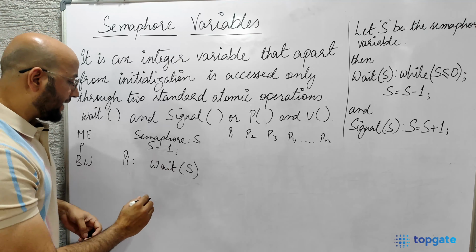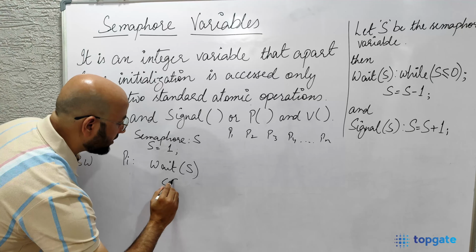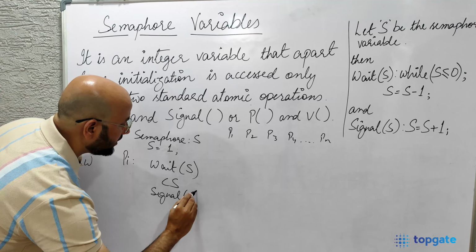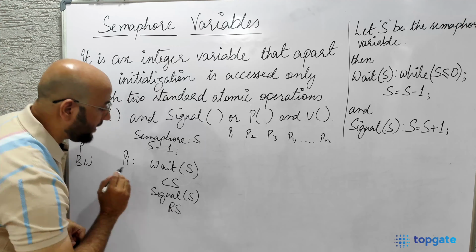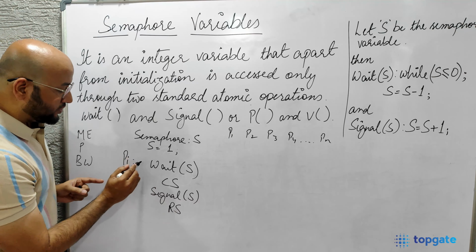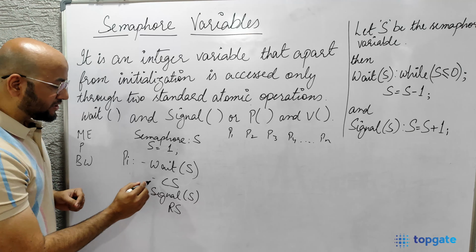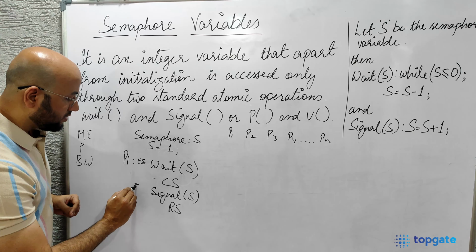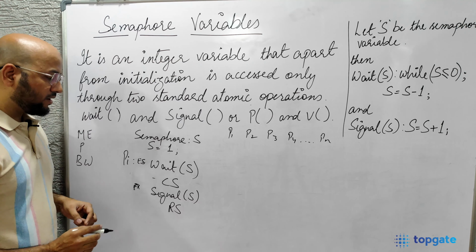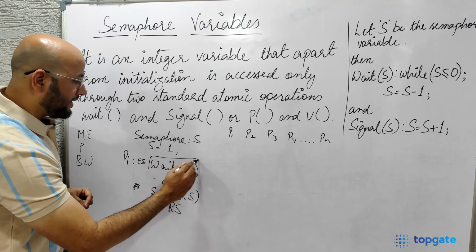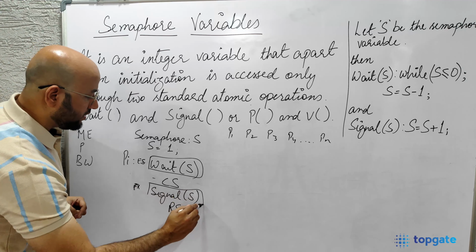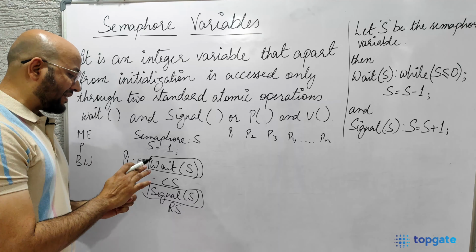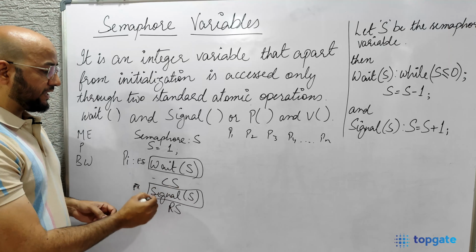Then it will write the critical section, then signal s, and then the remainder section. This is your entry section, this is your critical section, that is your exit section, and then the remainder section. Every process who wants to go to the critical section must execute these statements.